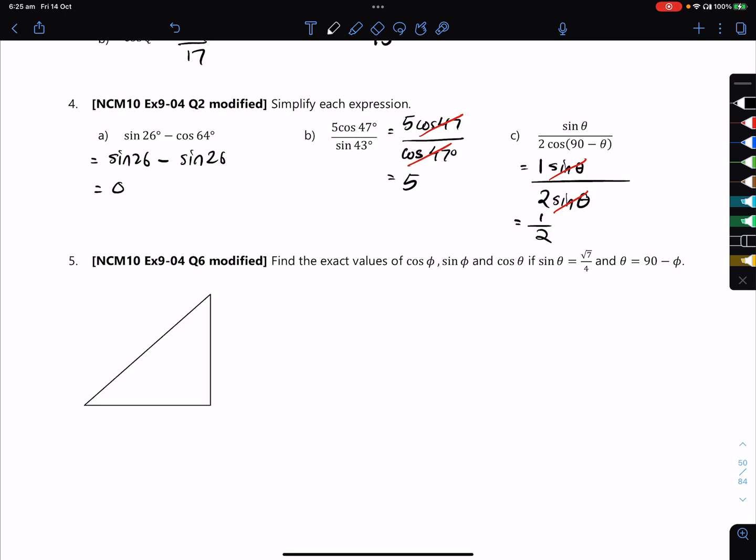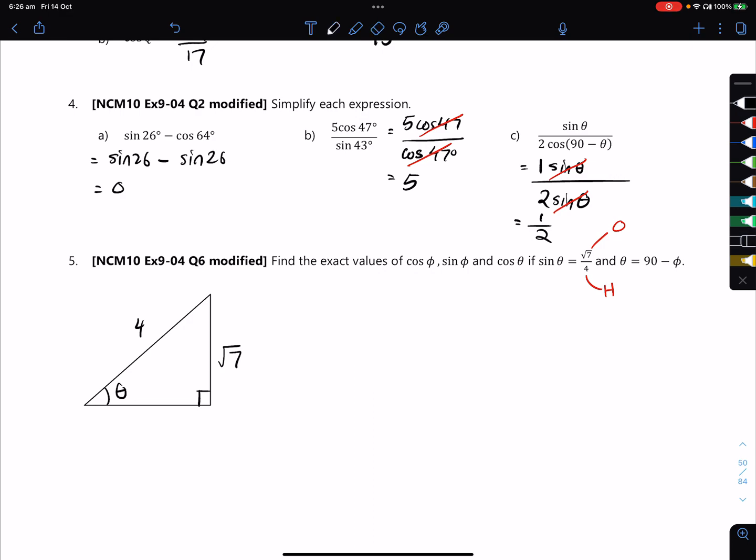So here's 90 degrees. Here's theta. And so we've got sine theta equals root 7 over 4, which means this is the opposite edge, and that's the hypotenuse. So opposite theta is root 7, and the hypotenuse is 4, which is the longest side, opposite the right angle.